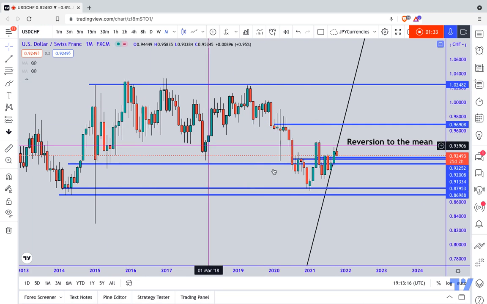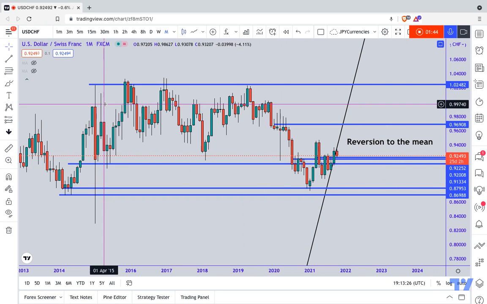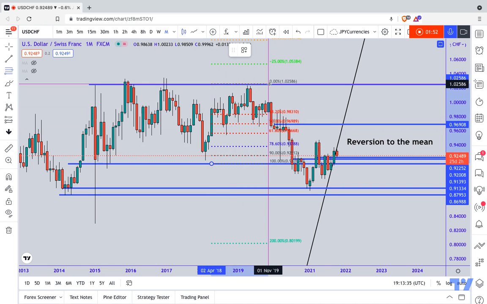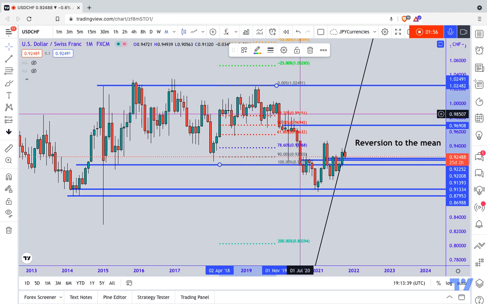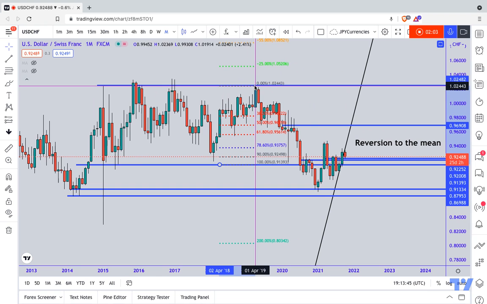You could take this exchange rate and the lower bound exchange rate and divide by 2, or easily you could just take your fib, go to the lower bound and drag it up to the upper bound, and look for the 50%.